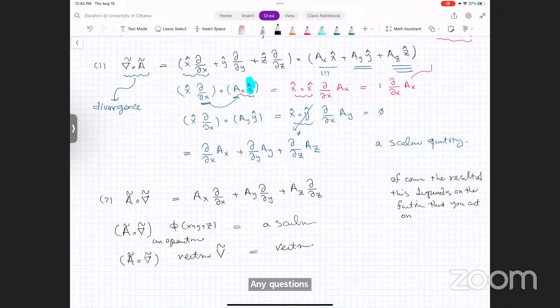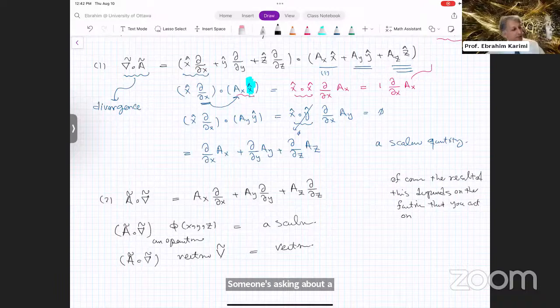Someone is asking about a use of gradient in daily life. Well, if a force is conservative, then definitely that can be explained in terms of a gradient of a potential. And that's a daily life use.